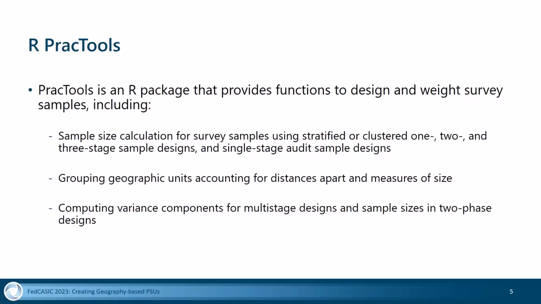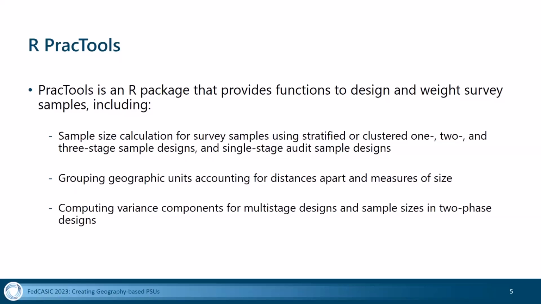So let me talk a bit about the package that contains functions on these. That is an R package called PracTools. I will assume that everybody has at least some familiarity with what R is, but at the high level, R is open source software which contains packages that generally contain groups of functions that aim towards a similar purpose.